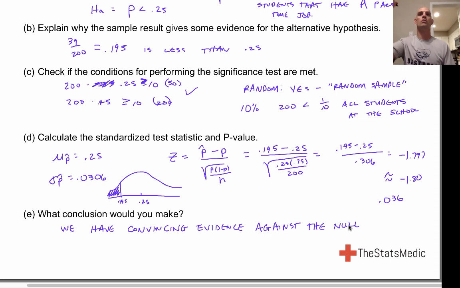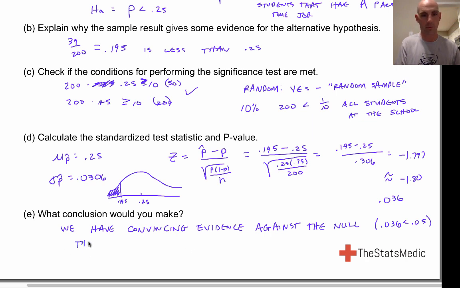Because remember, our null was that the actual proportion of students was 0.25. And what we'd say is that 0.036 is less than 0.05, which points out that the probability that we calculated is less than the alpha value.